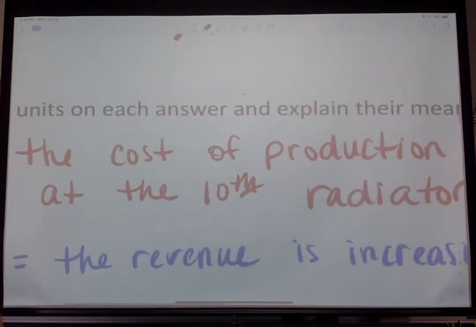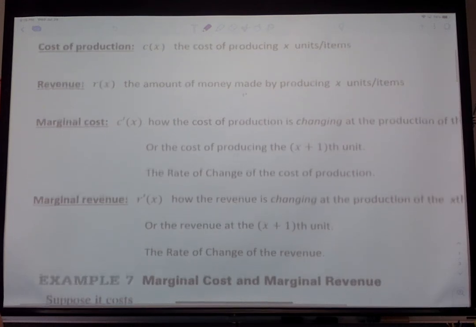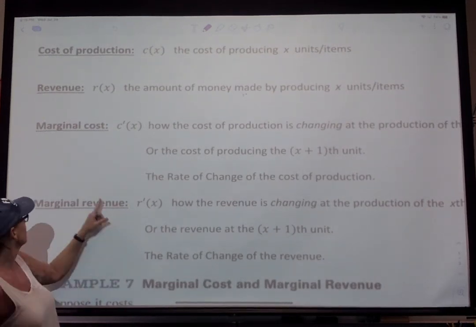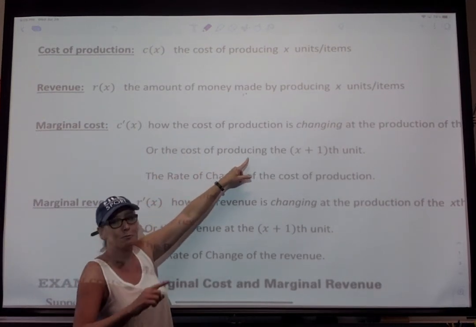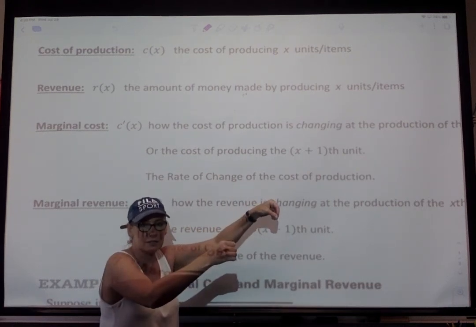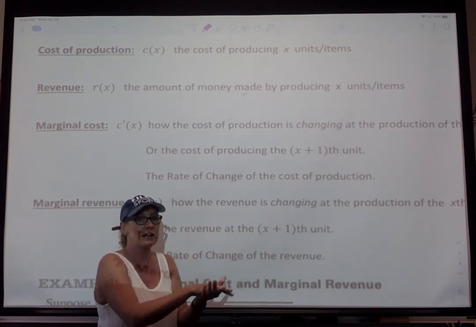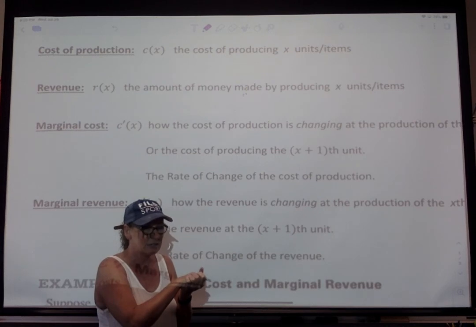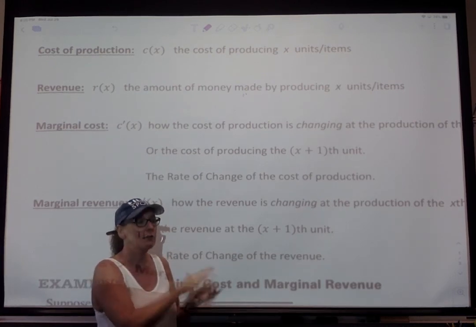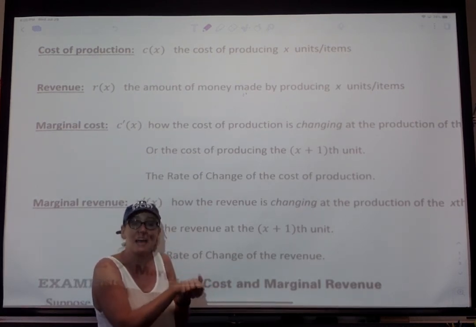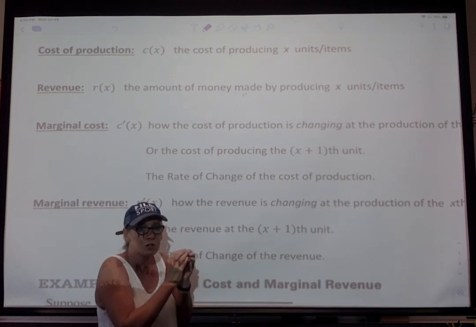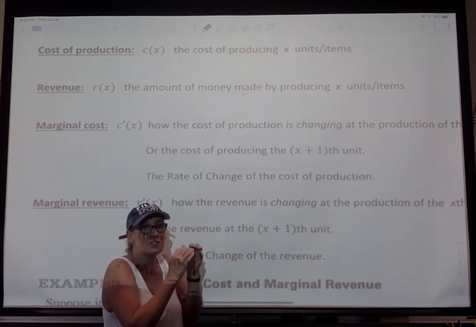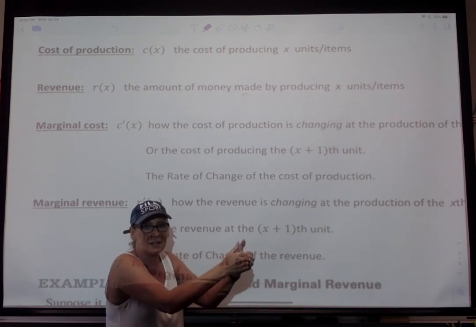you know how back here it said, where is it? Cost. The cost of producing the next one. So if we know what the rate of change was at 10, $195, if we know what the rate of change was at the 10th one, I wonder what it costs to produce the very next one, $195.